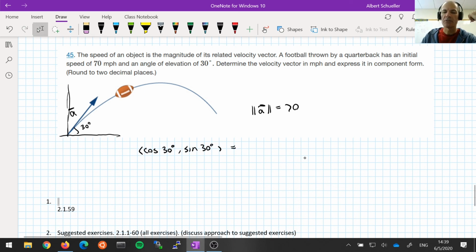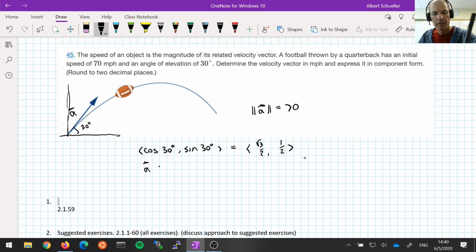Remember that 30 degrees is pi over 6, and the cosine of pi over 6 is just root 3 over 2. And the sine of pi over 6 is 1/2. So we can actually determine the vector now by computing 70 times root 3 over 2, comma 1/2.